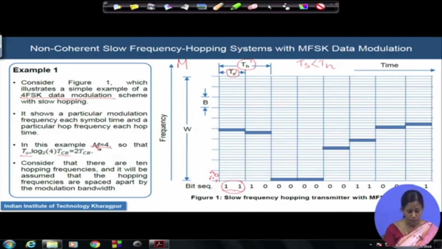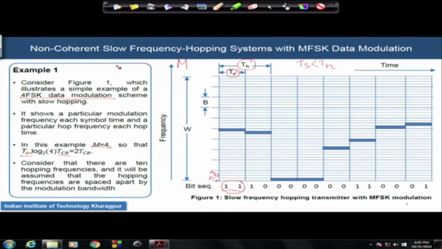Another consideration is to understand the modulation bandwidth. Capital B here is the modulation bandwidth. The modulation bandwidth comes from Ts, my symbol duration. So 1 by Ts gives me the width of each modulation tone frequency.